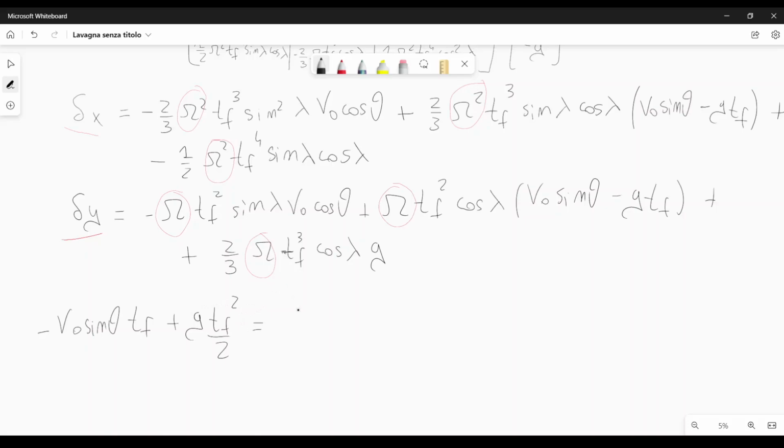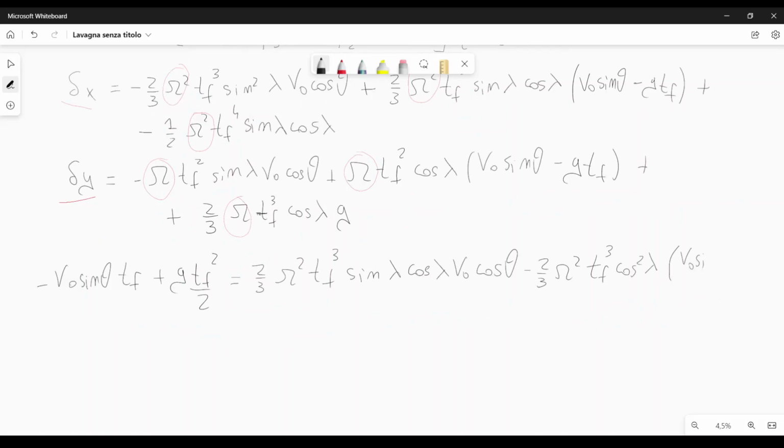But in this case, this is equal to 2/3 omega squared tf cubed sine lambda cosine lambda v0 cosine theta minus 2/3 omega squared tf cubed cosine squared lambda times v0 sine theta minus gtf, and then we have plus 1/2 omega squared tf to the fourth power cosine squared lambda times g.